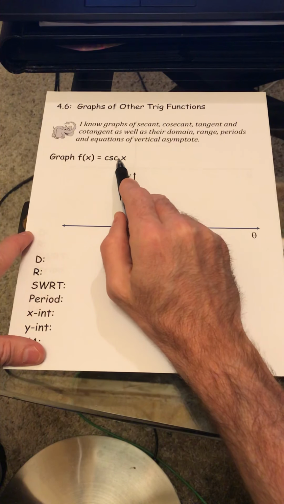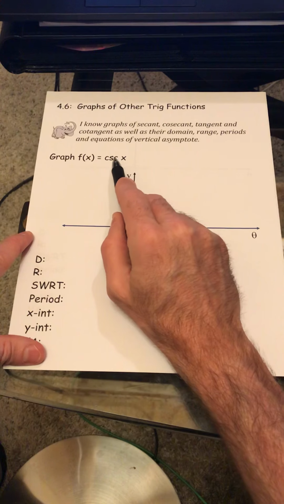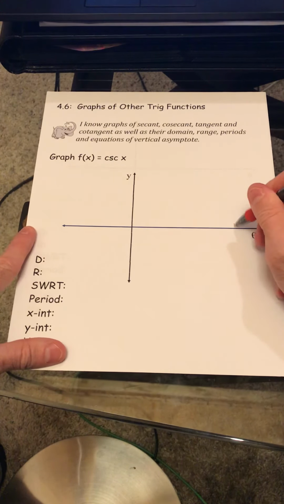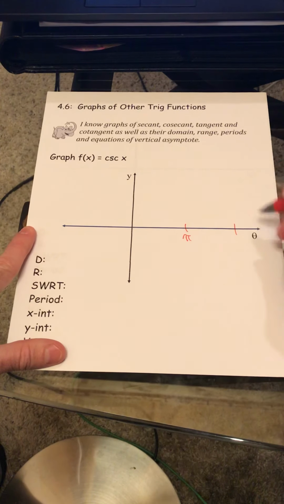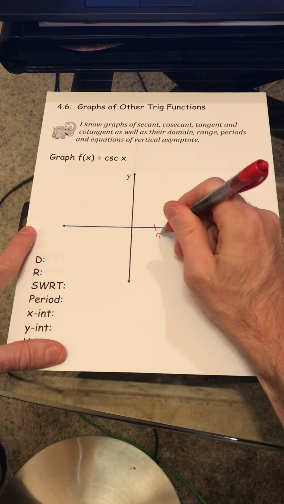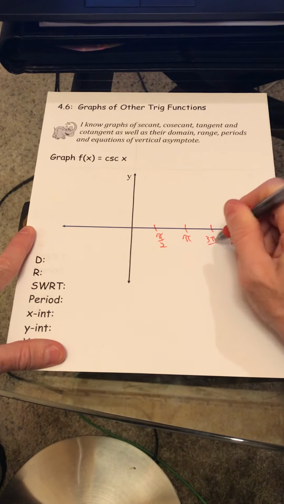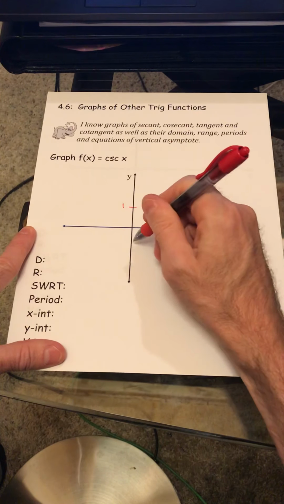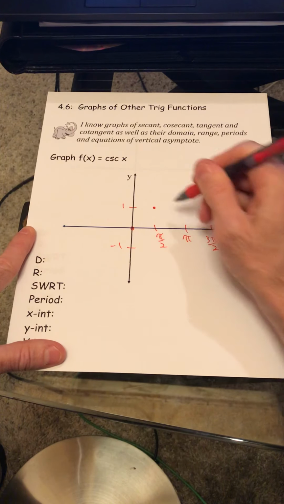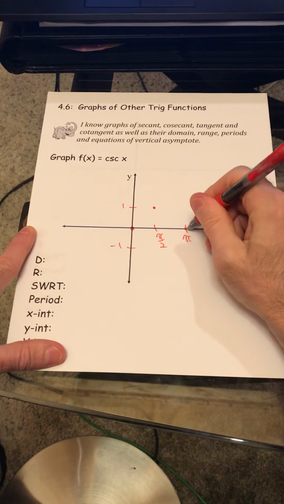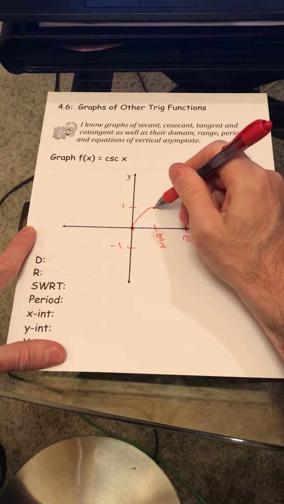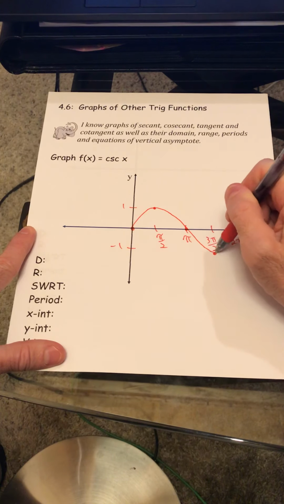Well, the one thing that I always like to do whenever I go over graphing these is include the graphs of their reciprocals. So, if we think about a sine wave real quick, it starts at 0, then the next critical points are a max, a 0, a minimum, and then it ends back at a 0.